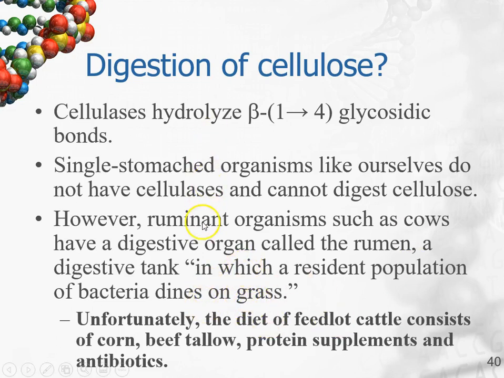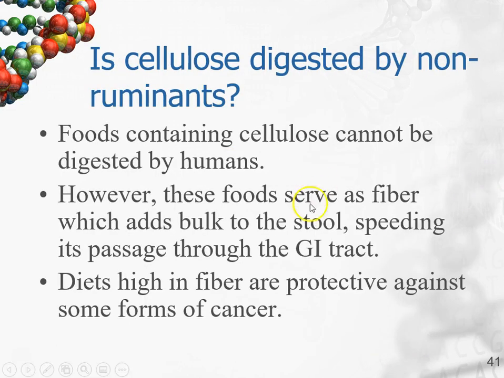So the cows themselves don't have the cellulases, but the bacteria that live in the rumen do. When the cow eats the grass, the bacteria provide the cellulase enzymes that are able to digest those beta-1,4 glycosidic bonds. We are not ruminants. We don't have a rumen. We don't have those bacteria. So we can't digest cellulose.